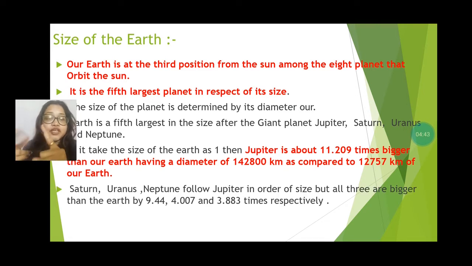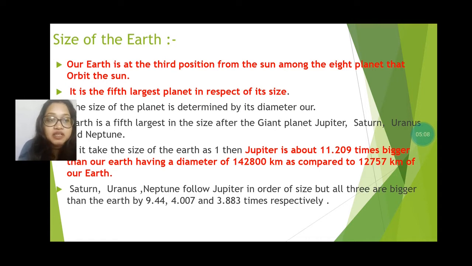Saturn, Uranus, Neptune, these three are also bigger than the Earth. Saturn is 9.44 times bigger than the Earth, Uranus is 4.007 times bigger, and Neptune is 3.883 times bigger.